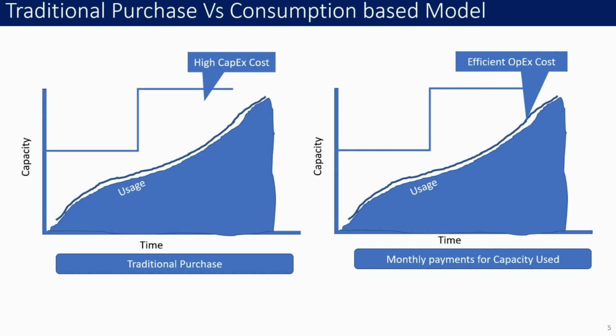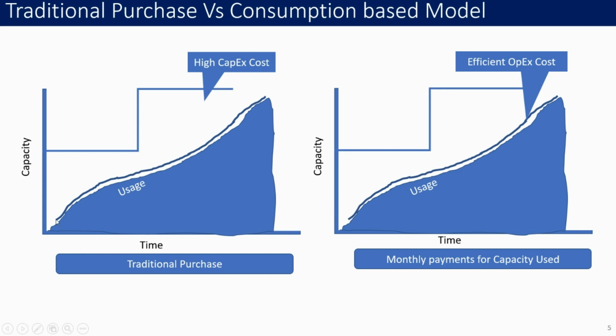Now let's see what is the difference between traditional purchase and the consumption based model. If you look at the traditional purchase model, here on the x-axis we have time and on the y-axis the capacity.